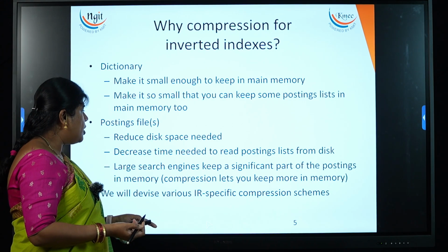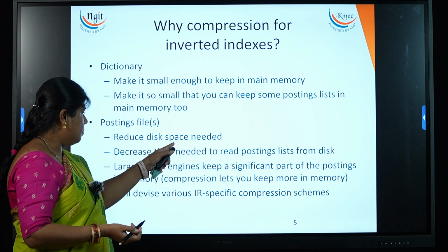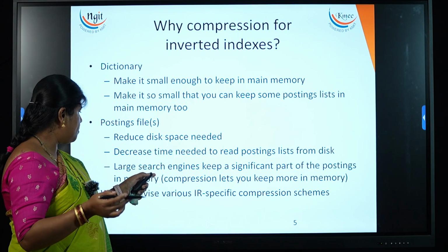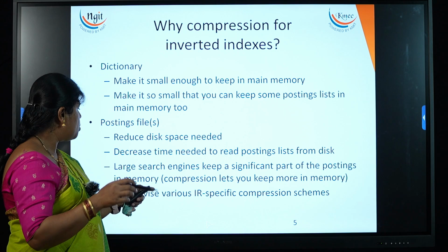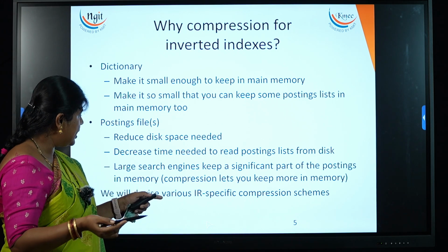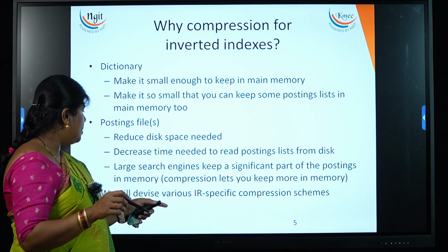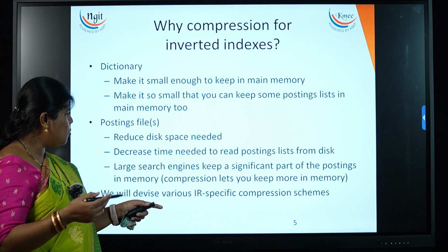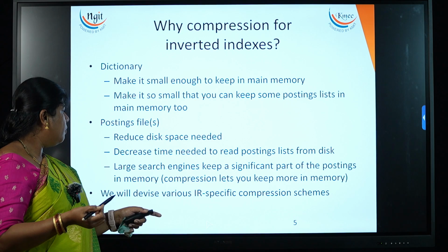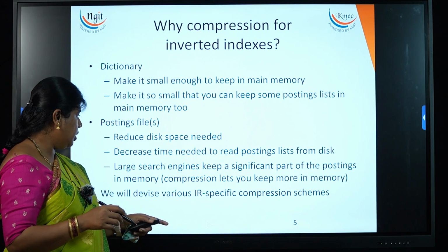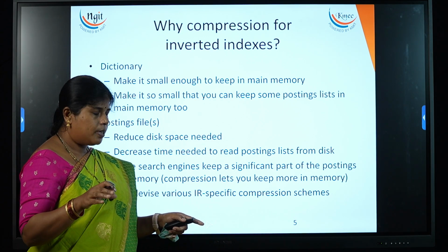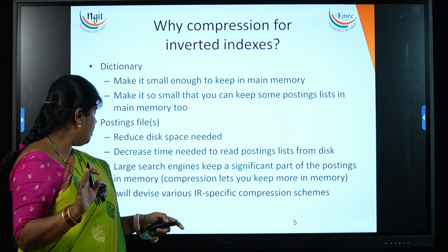Now the posting files should reduce the disk space that you need to store the postings. It will decrease the time required to read the posting list, and most of the search engines will keep the postings in memory only. And if it is compressed, then only I can store it in the main memory.